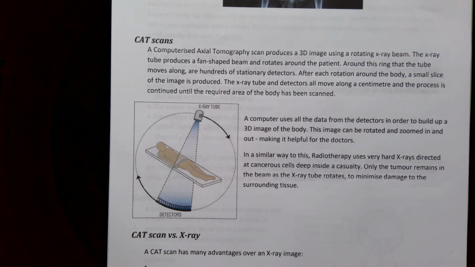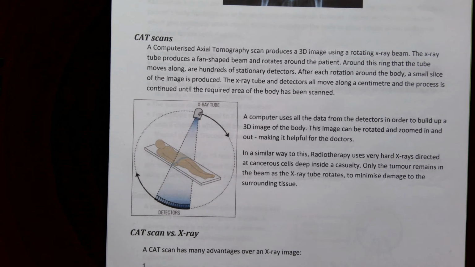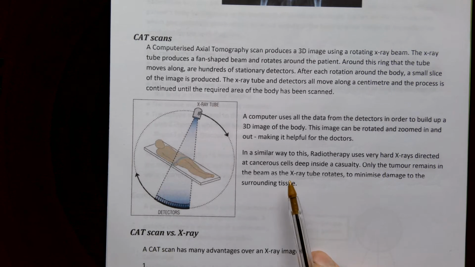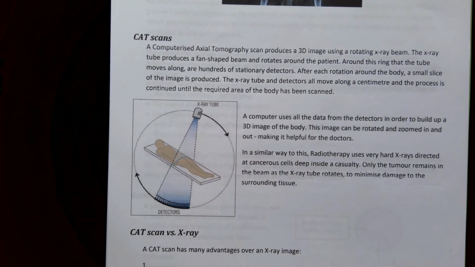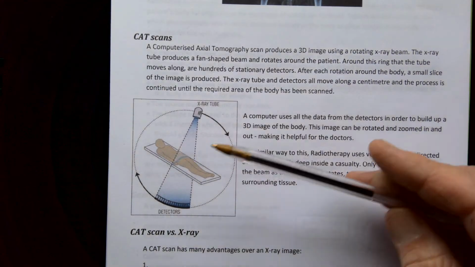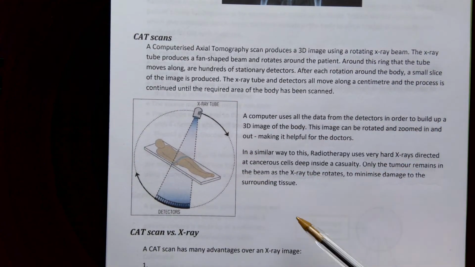You have moving parts. Okay, so it does increase the dosage. However, if we turn down the power, we turn down the energy per second coming from the tube, then that semi-counters it.